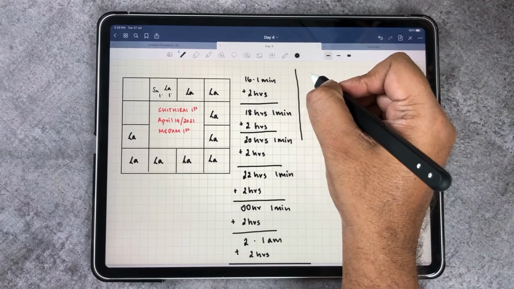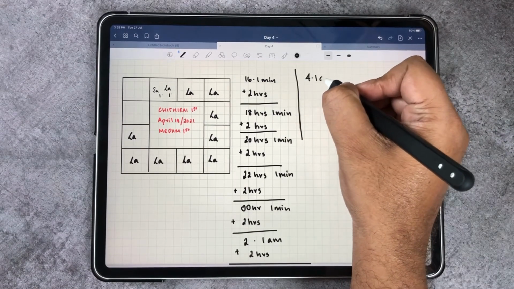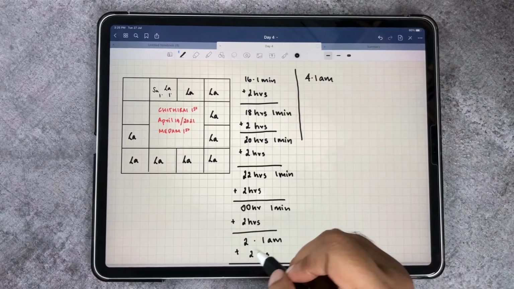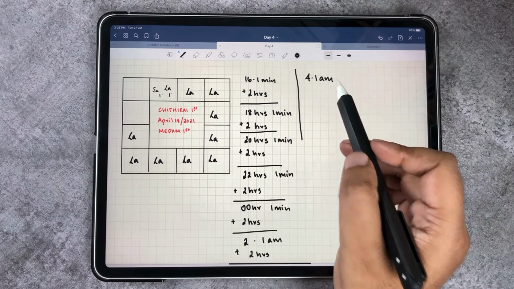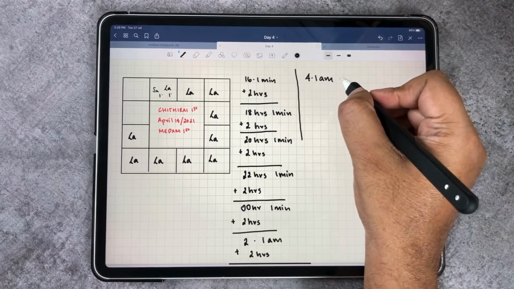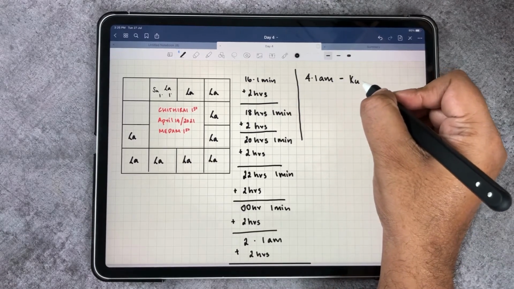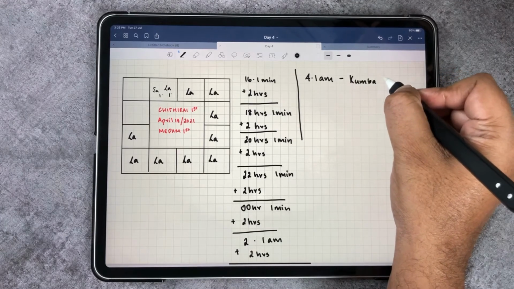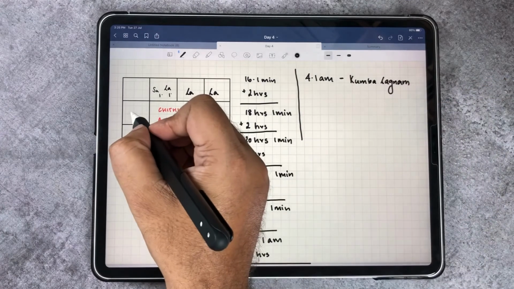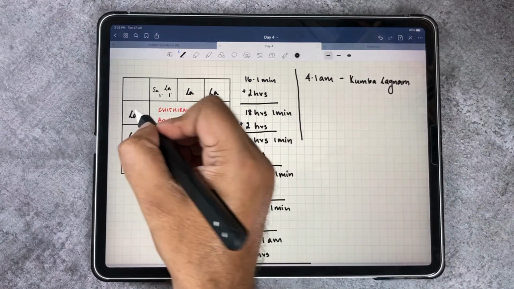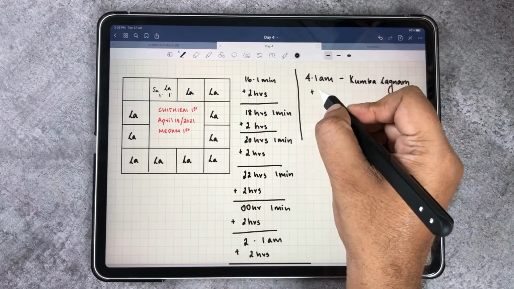You will get 4:01 a.m. So from 2:01 a.m. to 4:01 a.m. in the morning, you will have a Kumbha Lagnam. Right here. Okay. Next you add 2 hours.